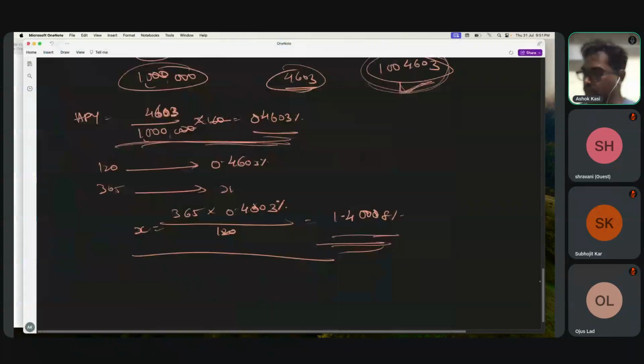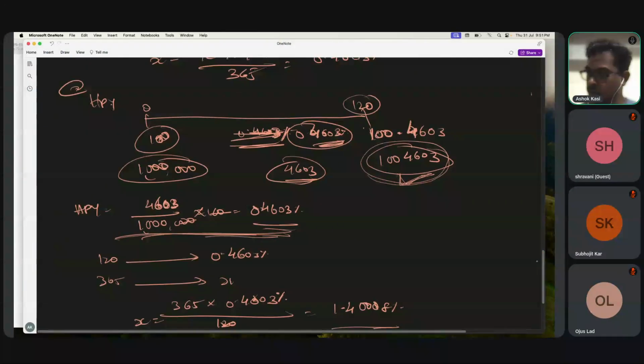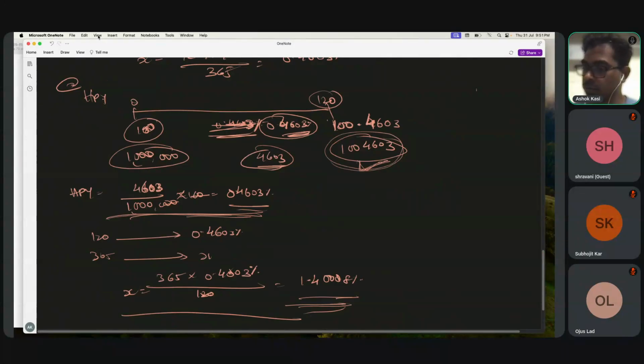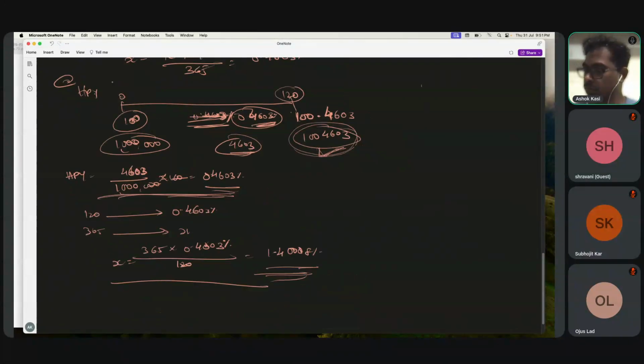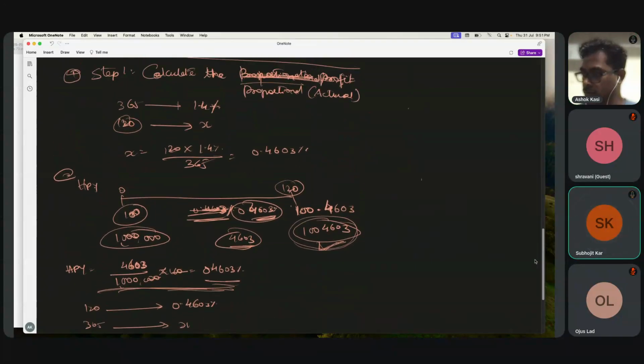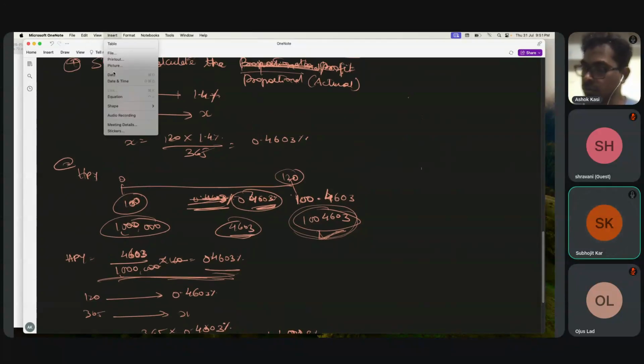Now you take a minute, go through this. In this add-on, we added the proportionate amount to arrive at the future value, right?